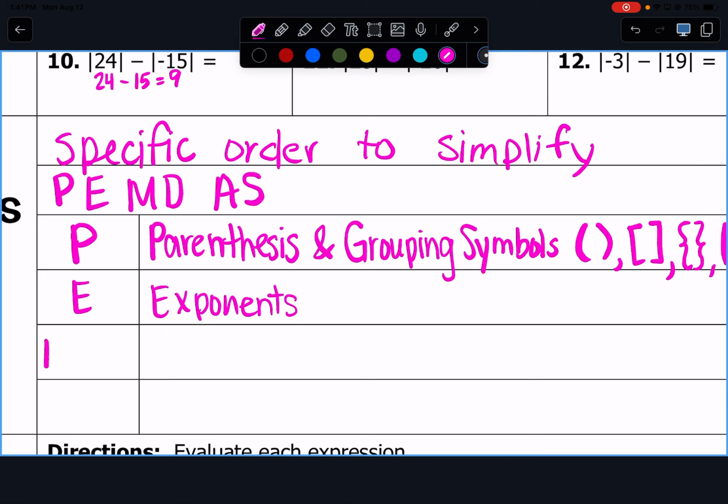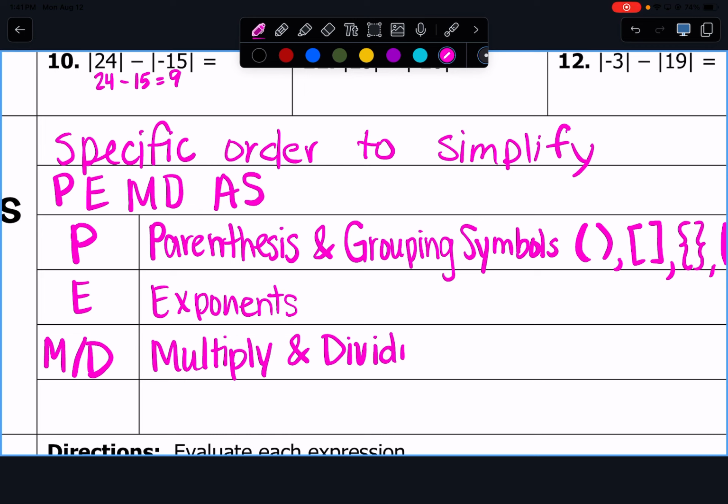We're going to put those together. And the reason we do that is because when we multiply and divide, it doesn't matter what order multiplying and dividing you're in. Okay? You always go from left to right. And I'm going to show you why.